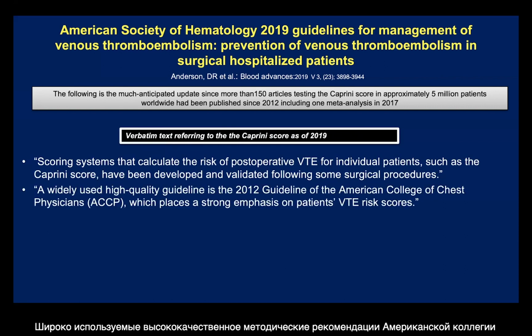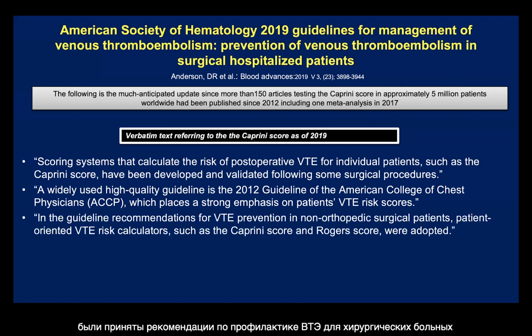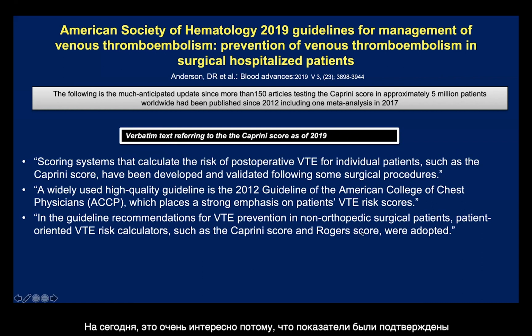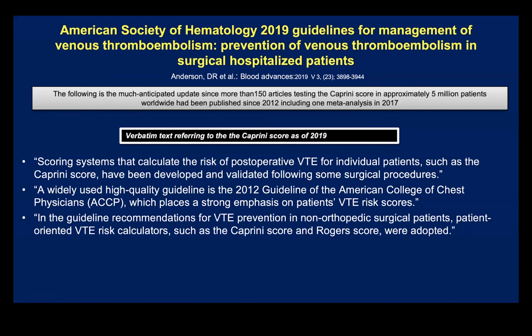A widely used high-quality guideline is the 2012 guideline of the American College of Chest Physicians, which places a strong emphasis on patient VTE risk scores. In the guideline recommendations for VTE prevention in non-orthopedic surgical patients, patient-oriented VTE calculators such as the Caprini score and Rogers score were adopted.